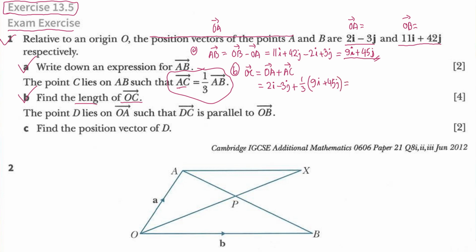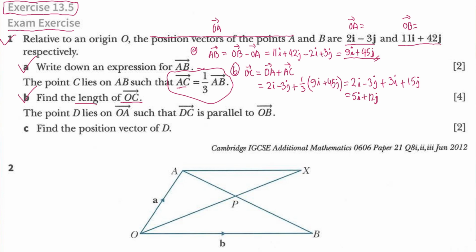Now remove the bracket, which gives us 2i minus 3j plus 9 by 3, which is 3i, and plus 45 by 3, which is 15j. Add both: 3 plus 2 is 5i, plus 15 minus 3 is 12j.